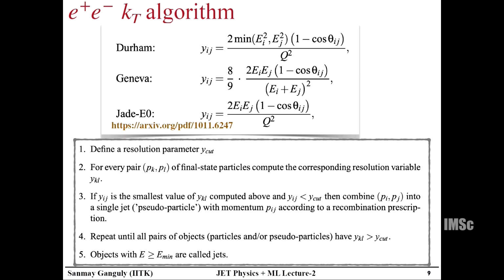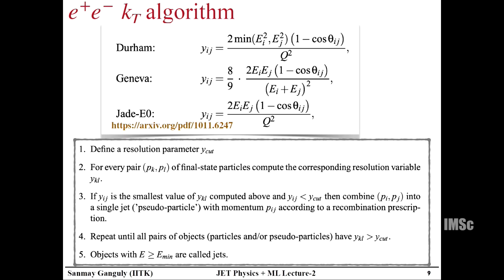And if Yij is less than Y-cut, which is the upper threshold, then you keep combining those particles, the same way we were trying to demonstrate for the previous cartoon case. So you just combine the particles i and j if the distance Yij is less than Y-cut. You have a sorted list of Yij's; whatever are the smallest, combine them first.